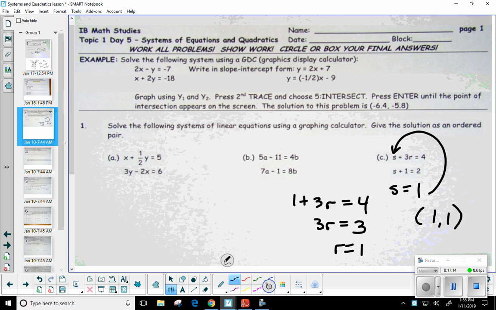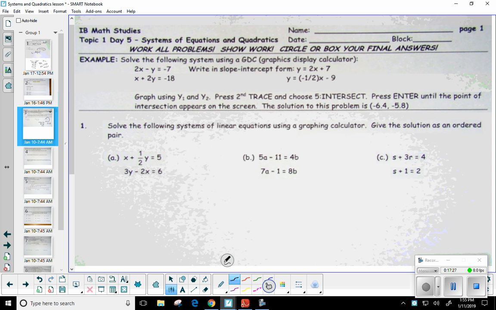Now, let me go back and show you how we would do this with a system if you did want to use substitution, but it didn't have a coefficient of 1. Let's say A or B. Sydney, what would you like me to solve for? Solve for B in which equation? First or second?